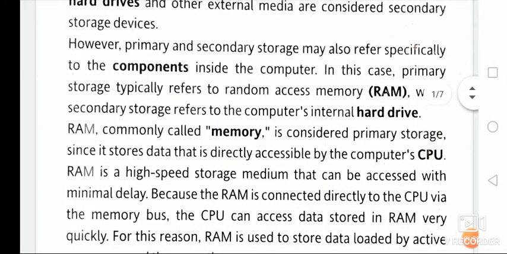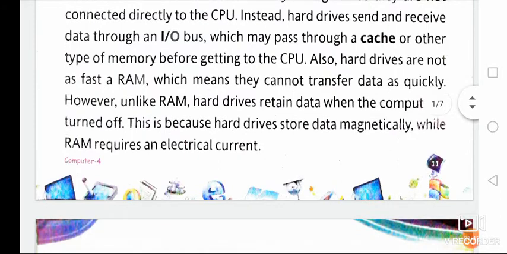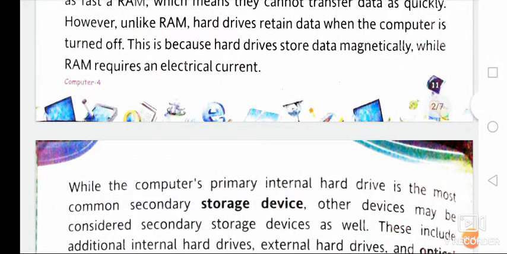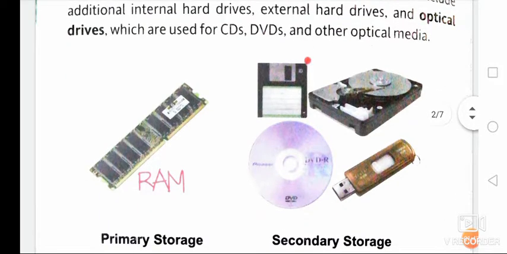Then the secondary memory is the external memory that we can store in storage devices. Storage devices like floppy disk, hard disk, CD, DVD, pen drive, like that, are all secondary storage devices.